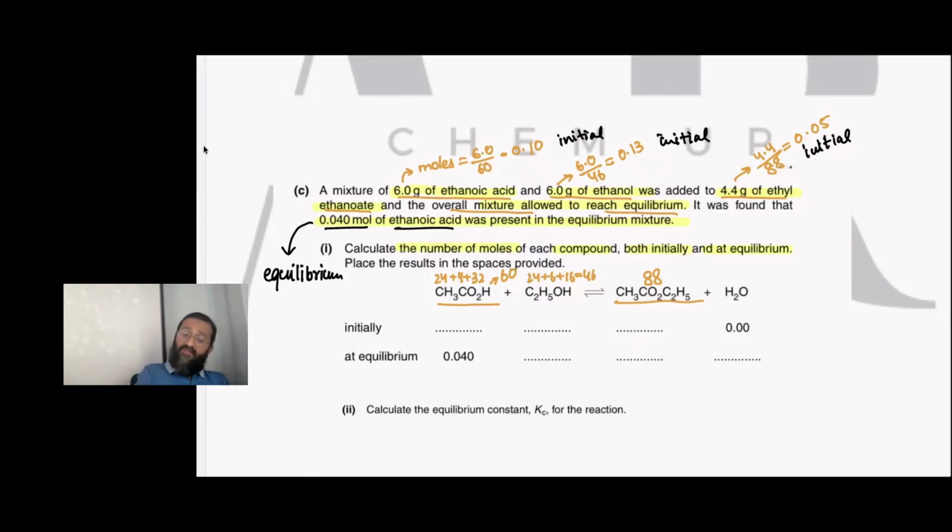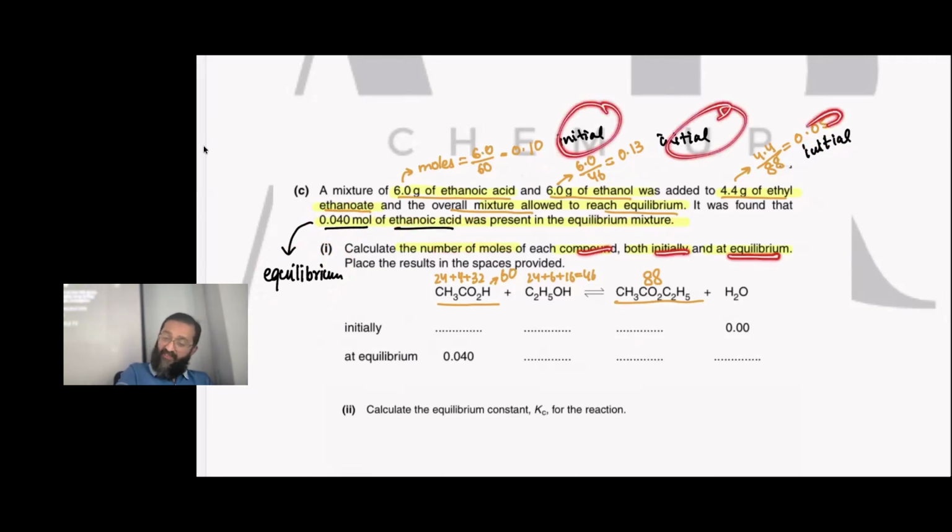Okay. Now, 0.04 moles of ethanoic acid was present in equilibrium mixture. So it means these are the moles at equilibrium, and that is for ethanoic acid. And now they are asking to calculate the number of moles of each compound, both initially and at equilibrium. Initially we have already calculated, but for equilibrium, I need to calculate.